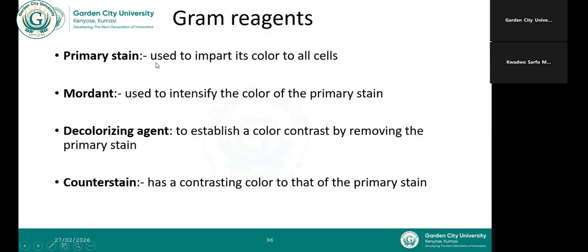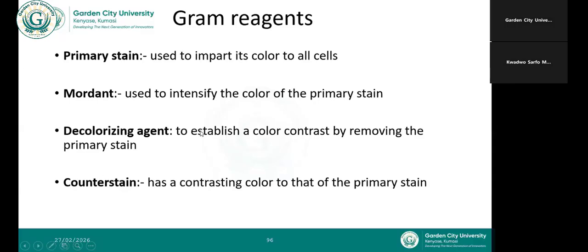And because gram positives have very thick peptidoglycan layers, they will keep the first stain, the color. Because gram negatives have very thin peptidoglycan layers, they will lose their primary color. So at this point, when you decolorize, you have one being purple, one being colorless.